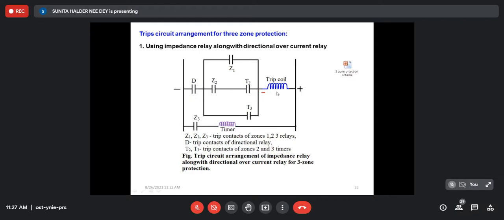If it fails, if it is not operating, then there is a timer in the third zone relay, and this timer will control these two contacts with a different time setting. So this contact will close. If this contact closes, then obviously this circuit will be bypassed. Then this zone 3 relay will directly connect the trip coil, right?